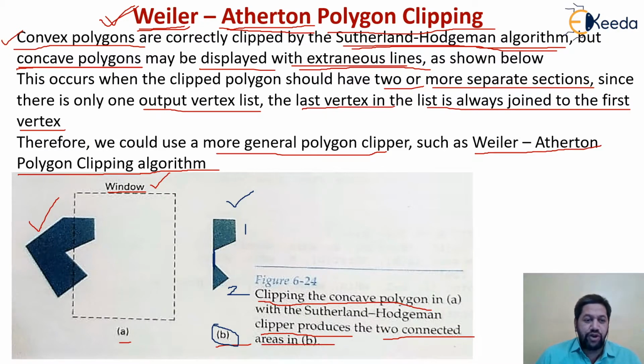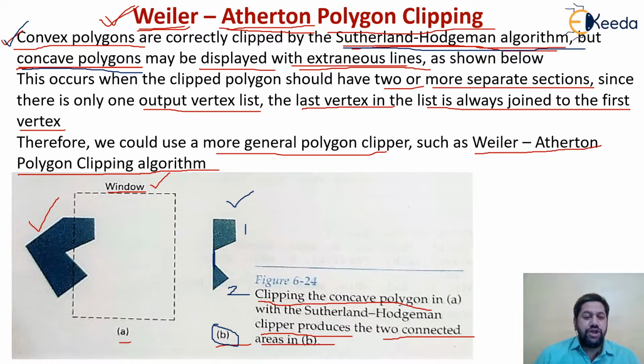That's why we mentioned the point that concave polygons will not be displayed correctly with the Sutherland-Hodgman algorithm, whereas convex polygons are correctly clipped, but the algorithm does not clip the concave polygon correctly.